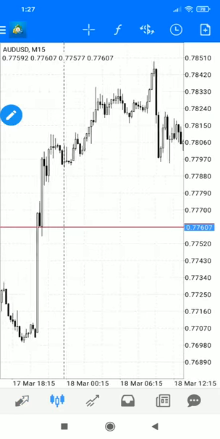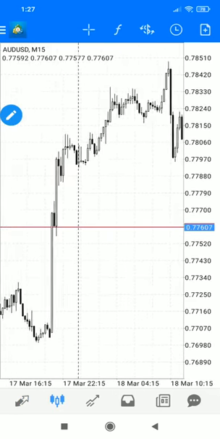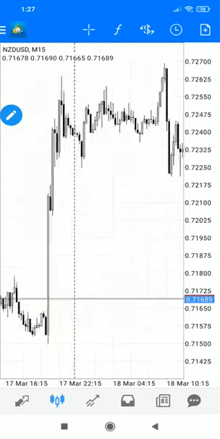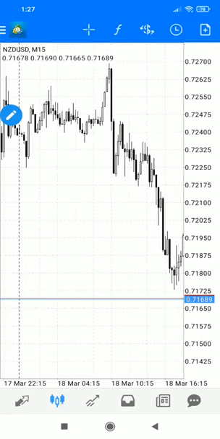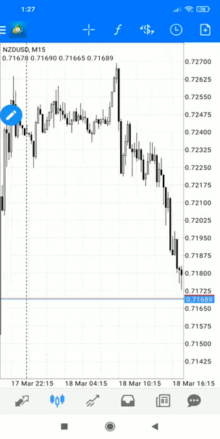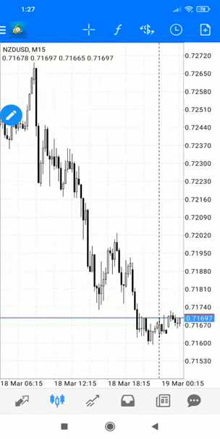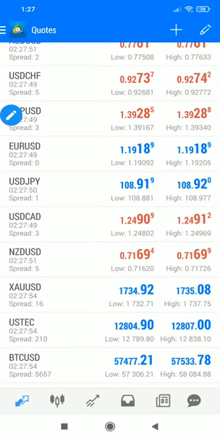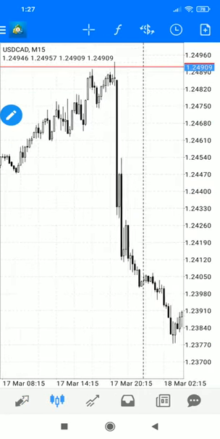AUDUSD, buy, market reversed. So if we had tried to enter, it wouldn't be for long. We wouldn't have held like we would have wanted. And the USD, buy, market reversed. USDCAD, sell, market reversed.